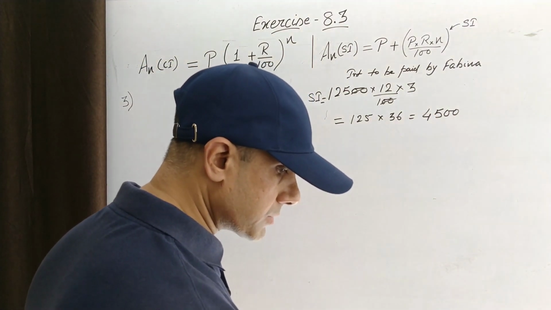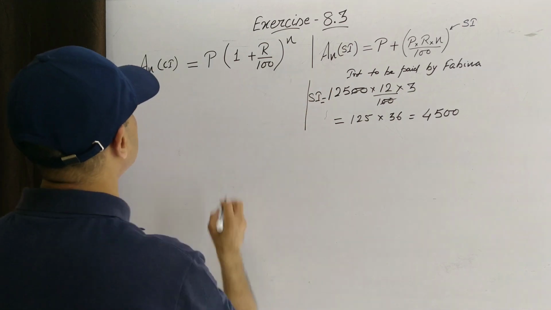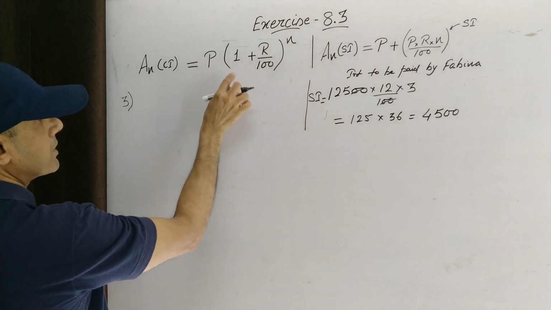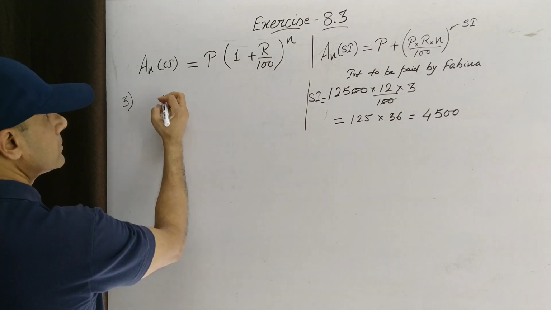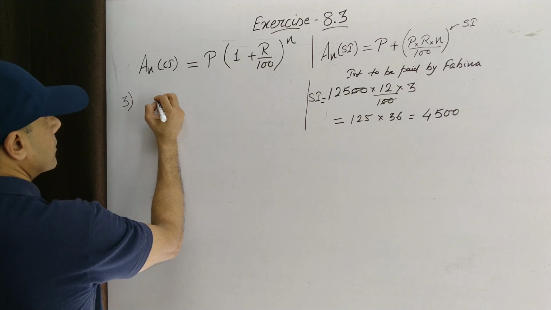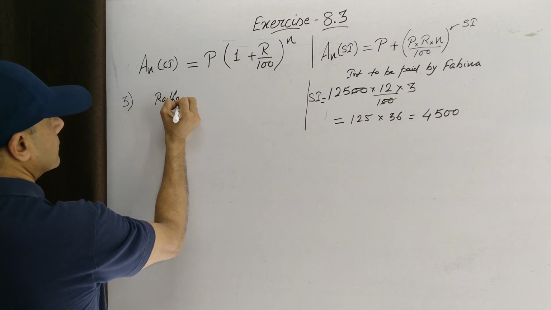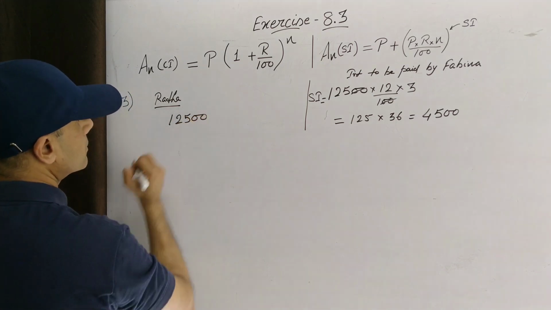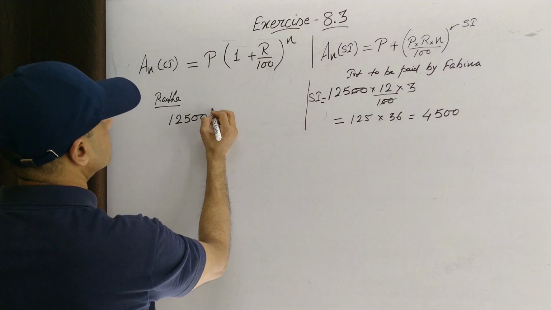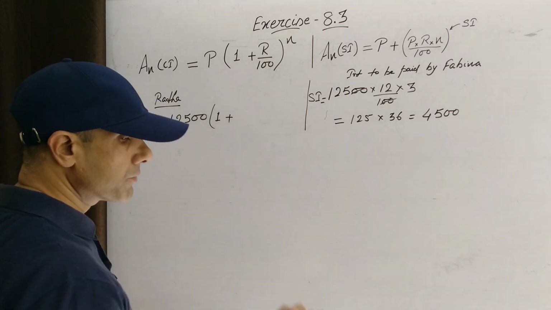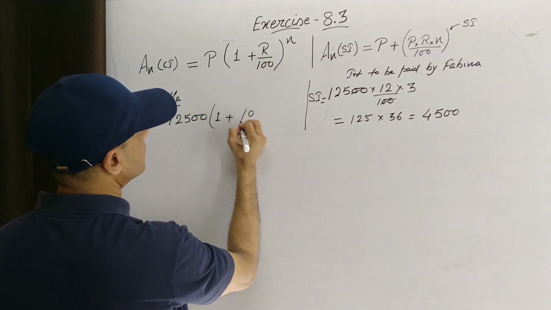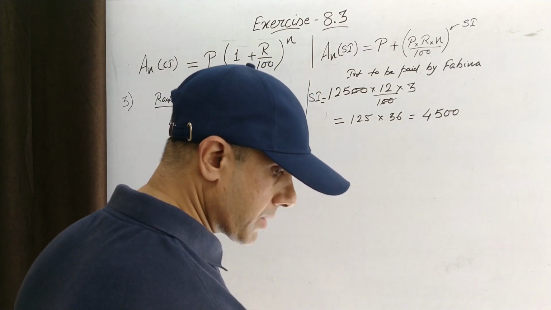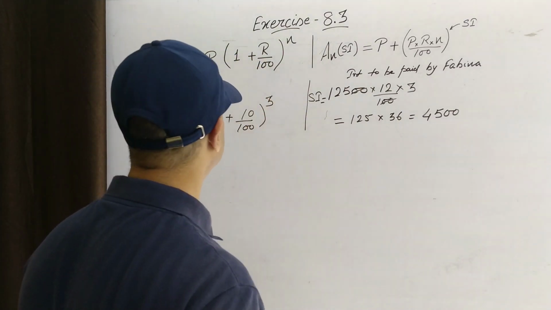Now Radha borrowed the same amount. So in case of Radha, we'll be calculating the compounded amount to be paid by compound interest. Radha has to pay the amount. This is the principal amount, the same, into 1 plus the rate of interest, in this case 10 by 100, and this is compounded annually and the time period is 3.